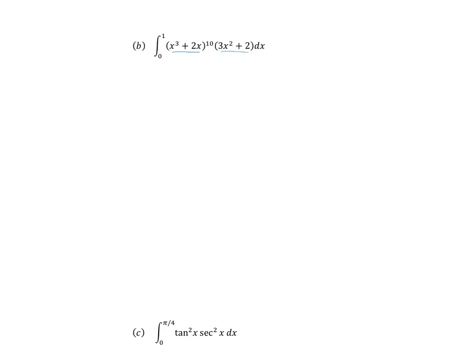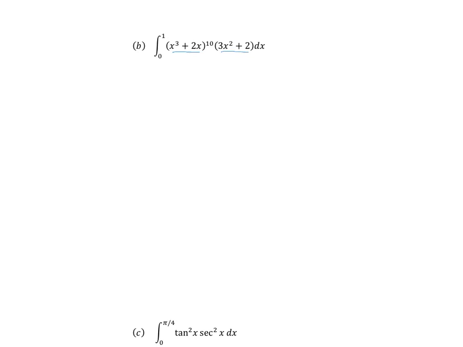So let's do a few more examples. Example B with this definite integral. What I wanted to notice was in one of the parentheses I have x to the third. In the other parenthesis I have an x squared.